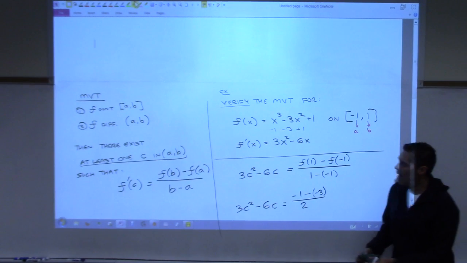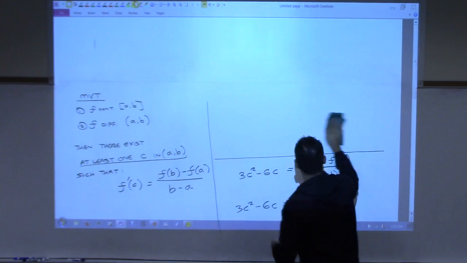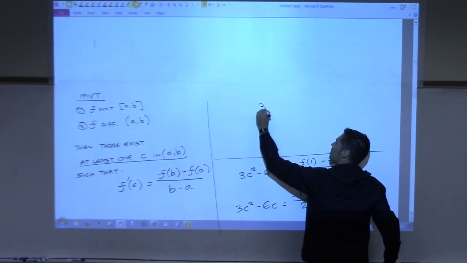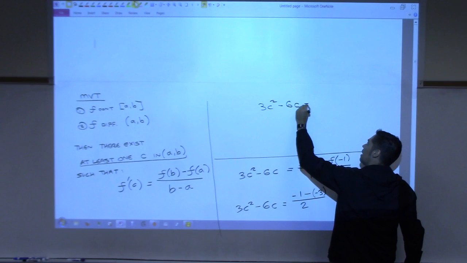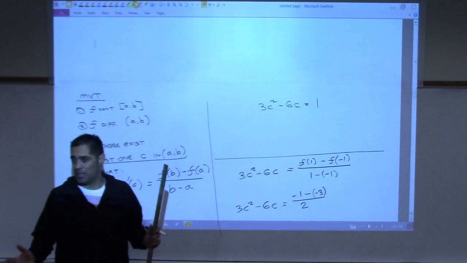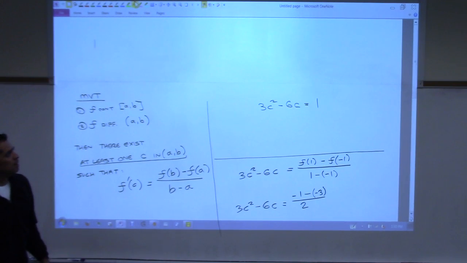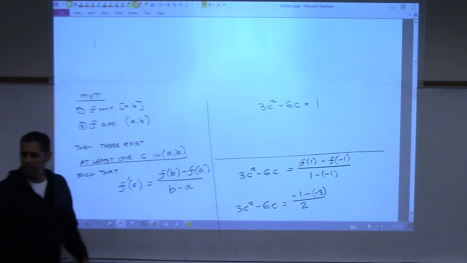So here's what I have. I have that 3c squared minus 6c needs to be equal to 1, right? In order for this mean value theorem to hold, I would need that to be true, wouldn't I?